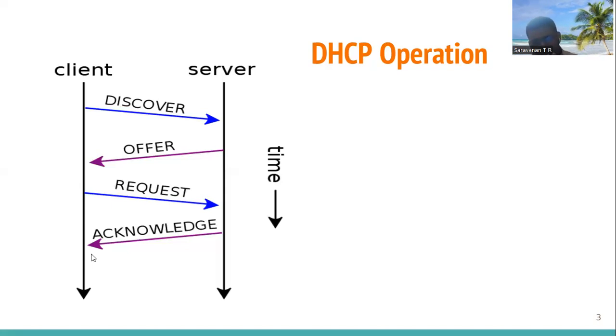Now the client may receive multiple offers. For example, a DHCP server may send an IP address by 10 o'clock. Another DHCP server may send another IP address by 10:05. The client can choose any one of the IP addresses and it sends an ARP message to the group to identify that this IP address is not used.